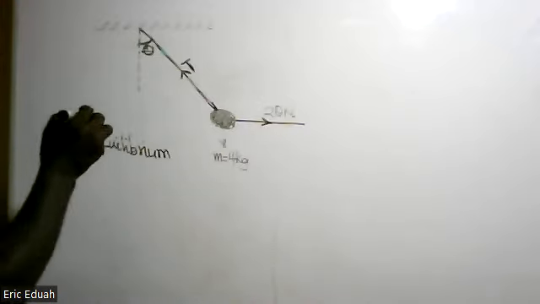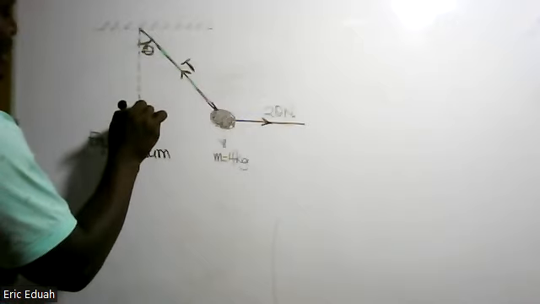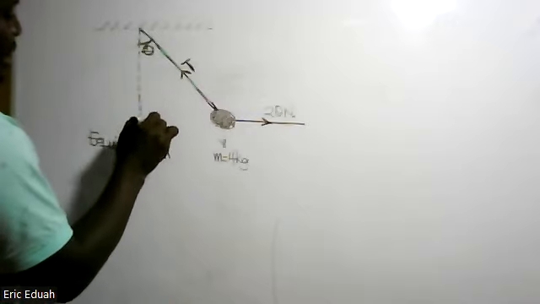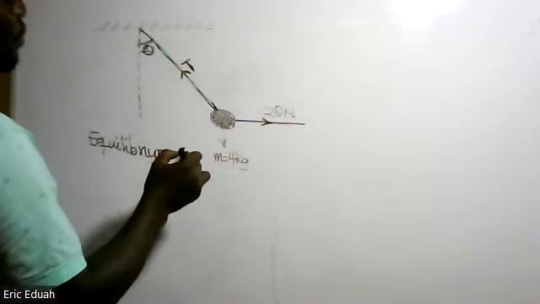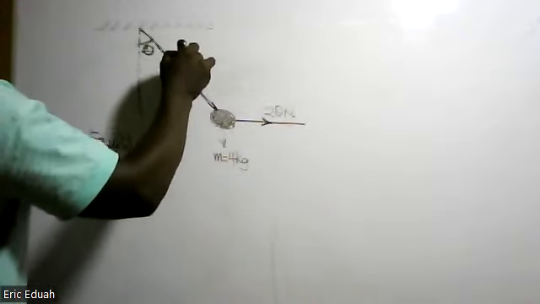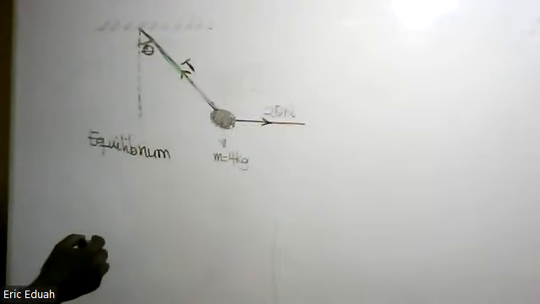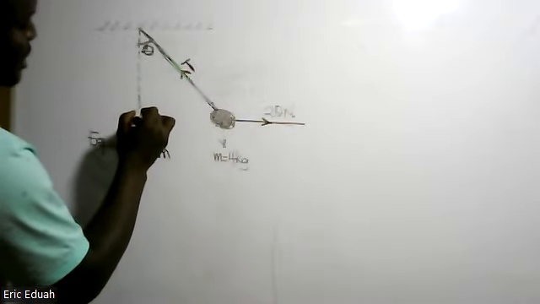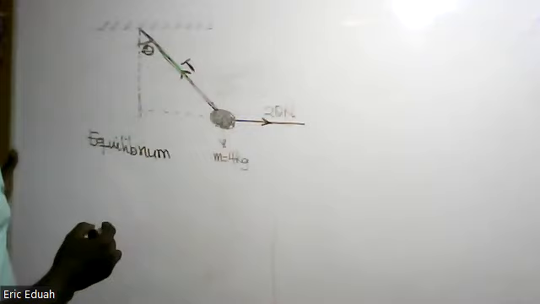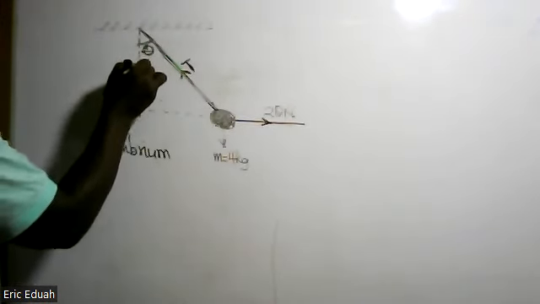So let's resolve this. Let's resolve the tension. We have the angle and then the tension. Let's resolve to get a vertical component of it, and then a horizontal component of the tension. So we are resolving to obtain this part.